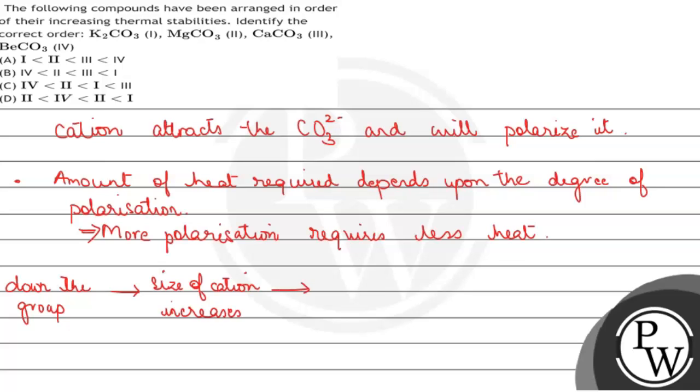If the size of cation increases, the polarization of carbonate is happening to a lesser extent. Less polarization of carbonate will occur. और अभी हमने देखा more polarization requires less heat, that means less polarization will require more heat.